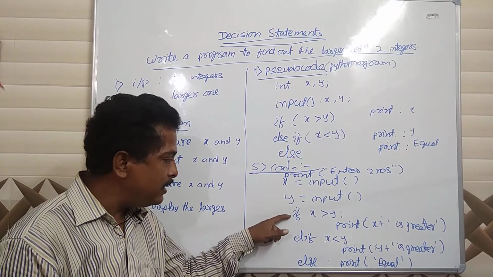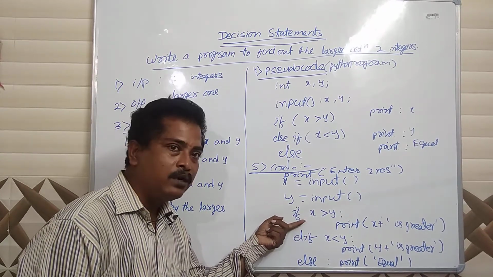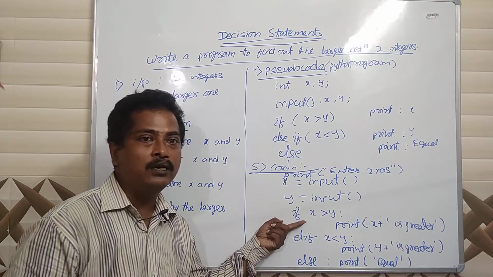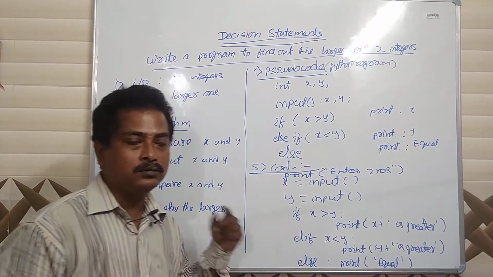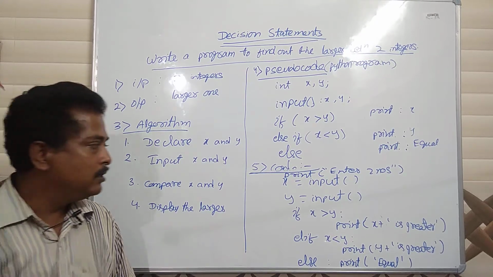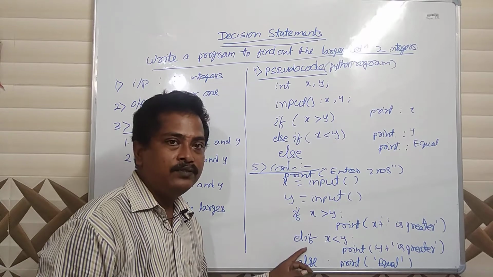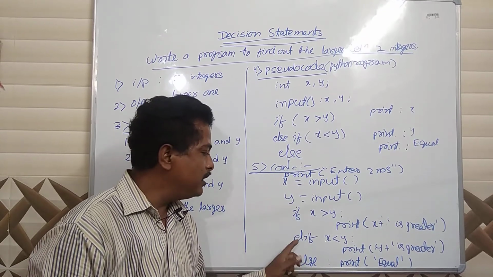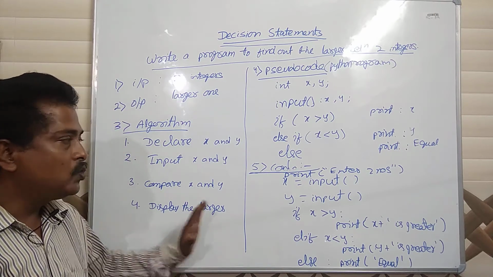But if you are writing 10 if statements, then one else, then though one if condition will be true, the compiler will still compare or execute the other conditions. So time will be wasted. That's why generally we use else if. Else if in C++ and Java, in Python it is elif. That's the difference. Okay. So go through the programming.